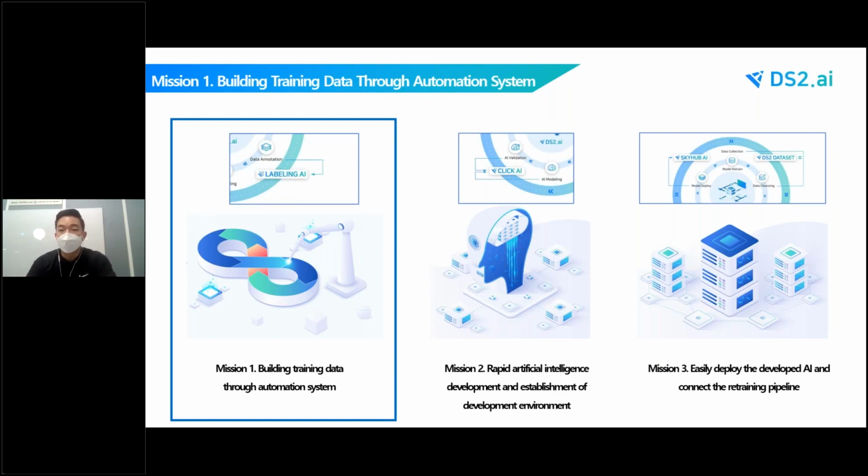The first, we challenged the mission on how to build training data easily and quickly. Second, on how to develop artificial intelligence and to improve accuracy efficiently. And finally, we thought about whether we could quickly create artificial intelligence that could improve accuracy by easily deploying the developed artificial intelligence and connecting it to the retraining pipeline.